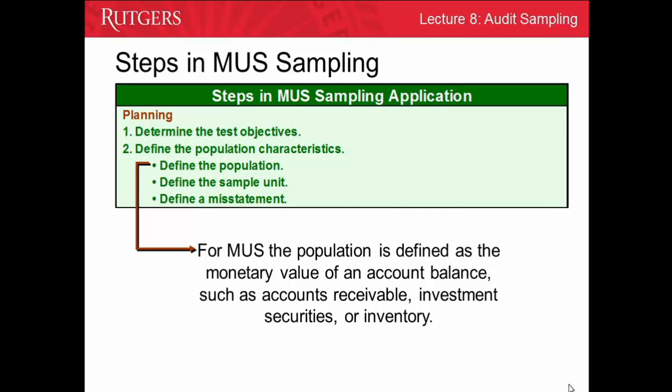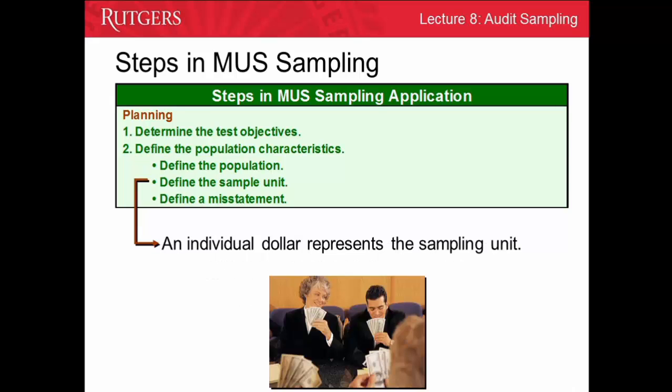Then, we also need to define the population characteristics. The first step of defining the population characteristics is still to define the population. For MUS, the population is defined as the monetary value of an account balance, such as accounts receivable, investment securities, or inventory.